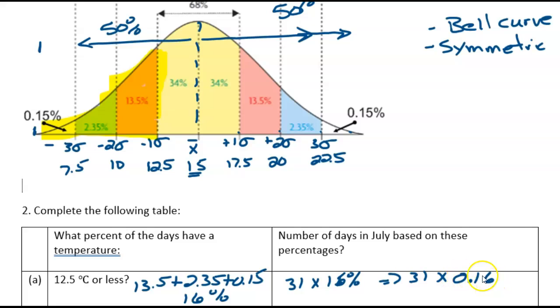So you take your percent, divide by 100, you get 0.16. And quickly looking at that on your calculator, 31 times 0.16, and you get 4.96 days, which we would say 5 days.